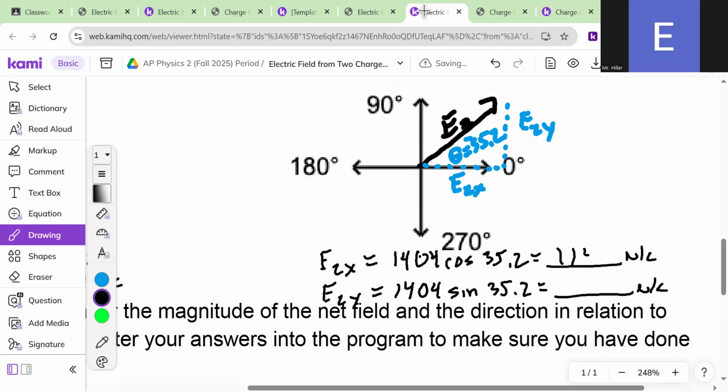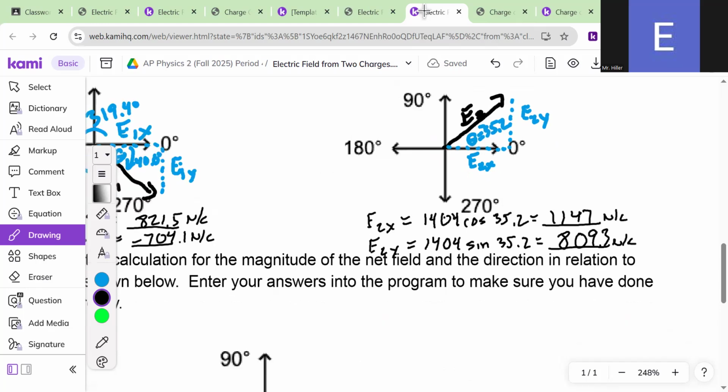I'm getting 1147, the first one, and about 809.3 for the second one.